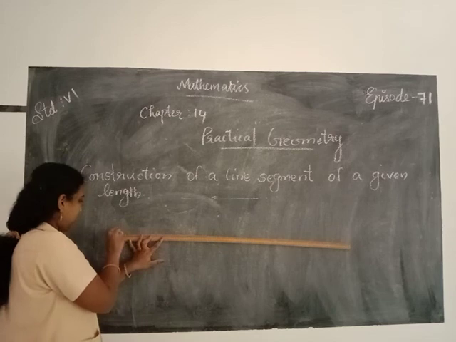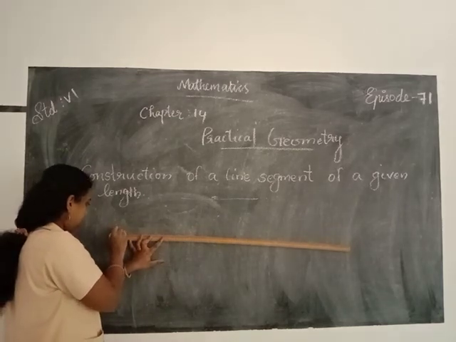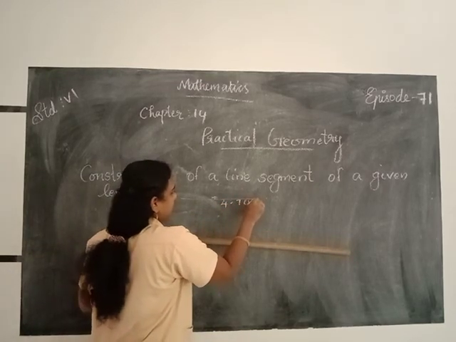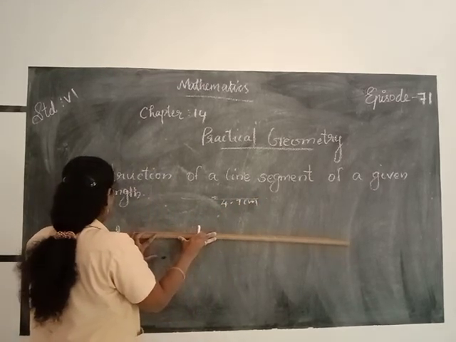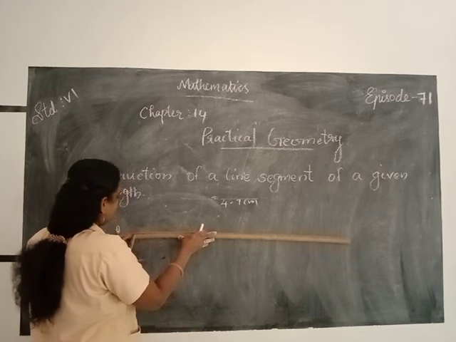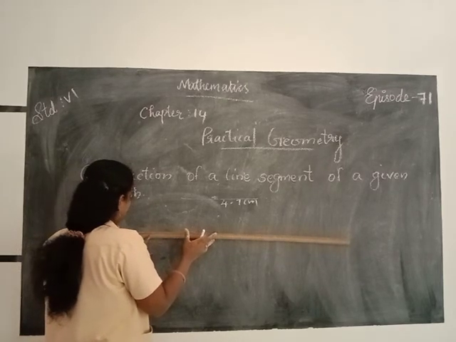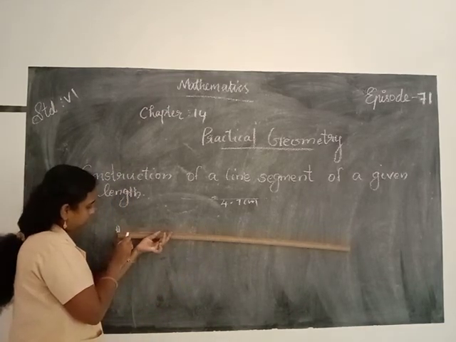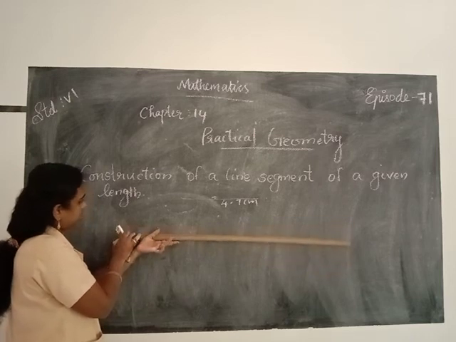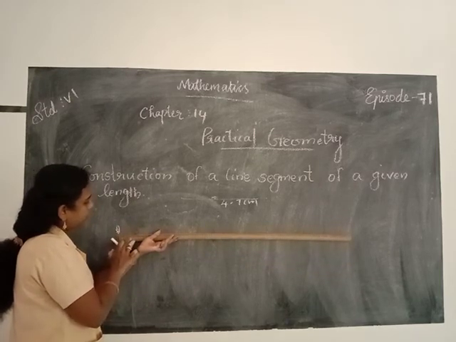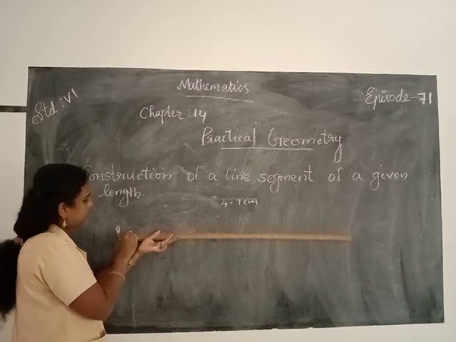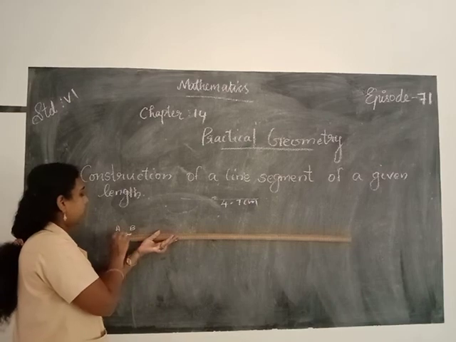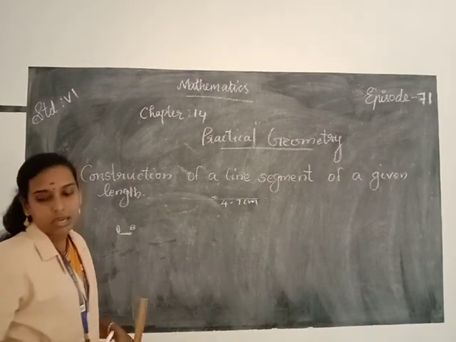One point is on the 0 of your ruler, that is A. Then we want a line segment of 4.7 centimeters, so mark the next point, point B, 4.7 apart. On this ruler, 4, 4.1, 4.2, 4.3, 4.4, 4.6, 4.7. 4.7 is here. So mark point B, then join the two points, and you get the line segment.